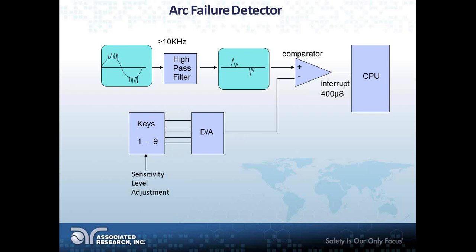It then looks at the amplitude of those peaks, runs it through a comparator, and compares it to your level adjustment, and says, okay, looks like I have some high-frequency noise. Let's look at the peak of this noise in milliamps. Let's compare this to the level they set. Is it more? Oh, it is. I'm going to shut off and give them an arc failure.